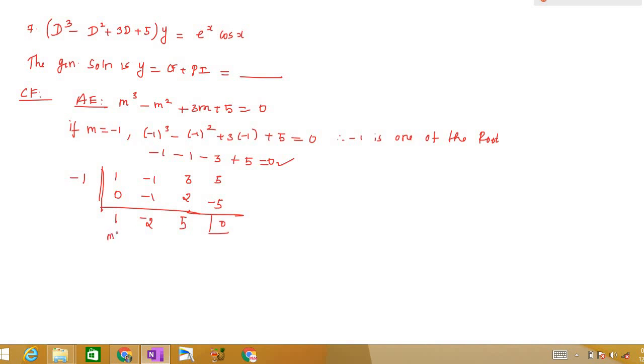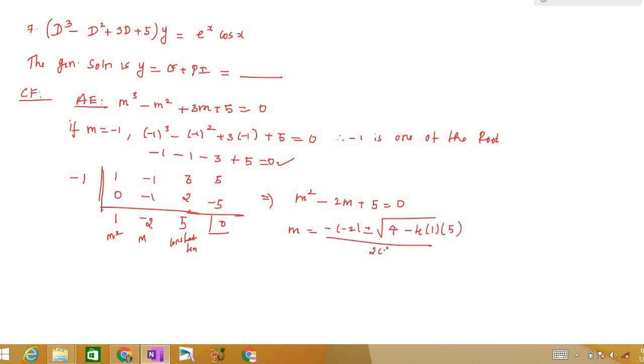Now this is the coefficient of m^2, this is the coefficient of m, and this is the constant term. So if we frame the equation from here, we will have m^2 - 2m + 5 = 0. Now we solve this quadratic equation to find the other two roots. So m equals minus of minus 2 plus or minus square root of b^2 - 4ac, divided by 2a.